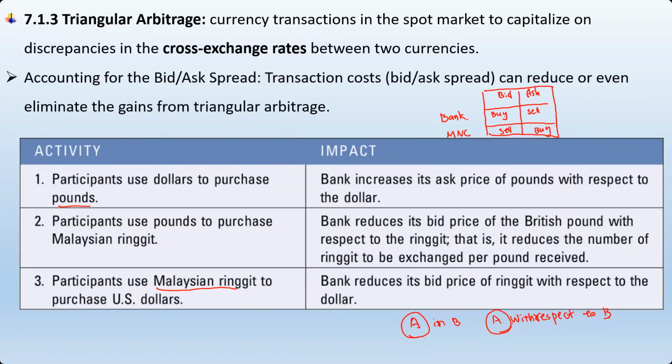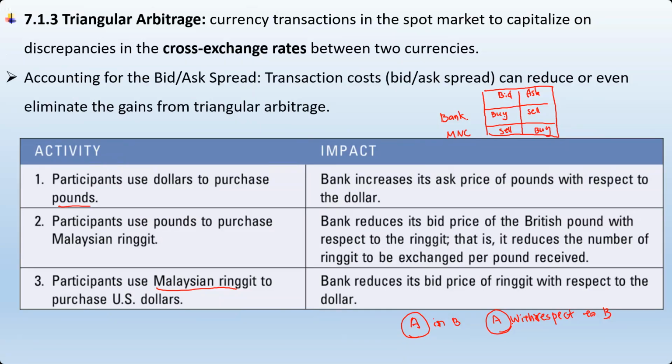When a lot of participants buy pound, pound's ask rate will go up. That's the net effect of those arbitrage transactions. When participants sell pound to purchase Malaysia ringgit, the cross exchange rate bid price of pound in Malaysia ringgit will be lower because people keep selling.